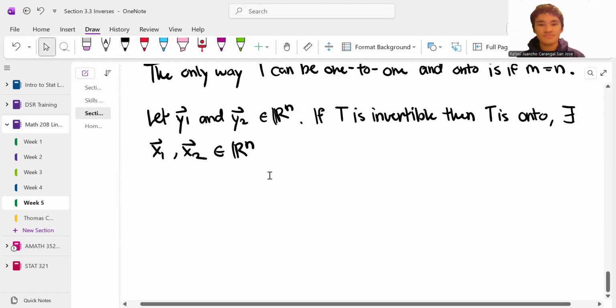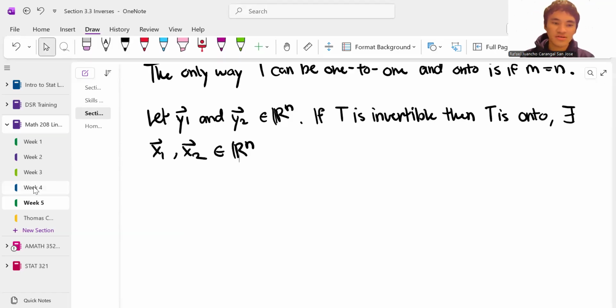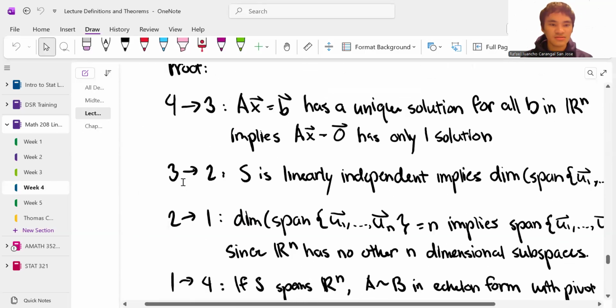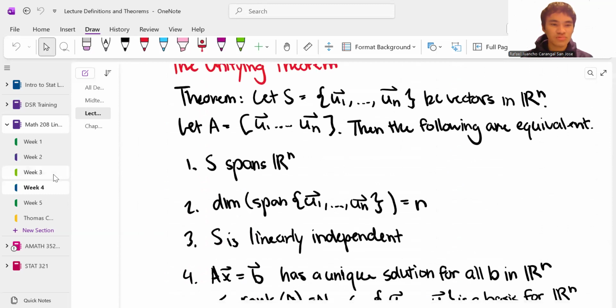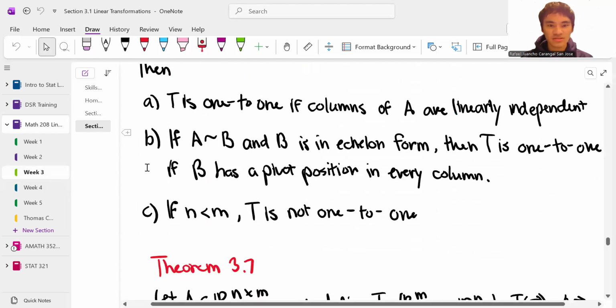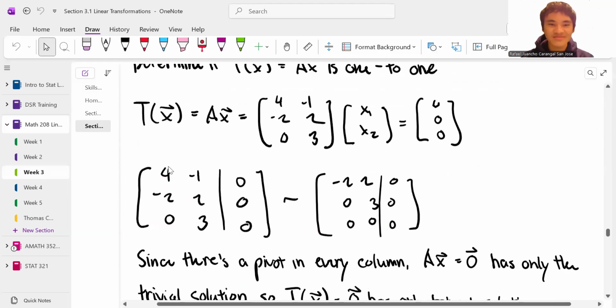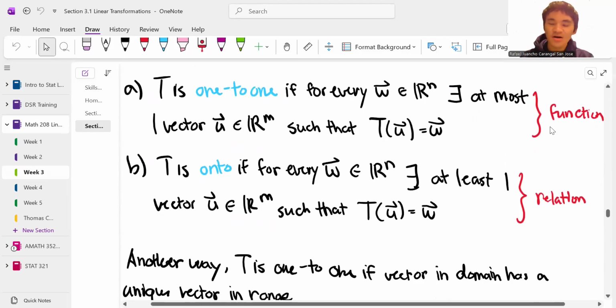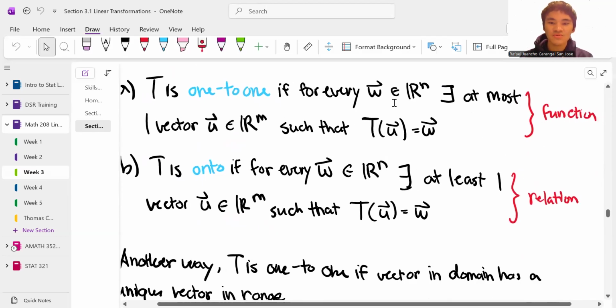Okay, actually, I'm going to be honest, I forgot what the definition of onto is. I'm kidding, I forgot. There we go, here's the definition. Oh, okay, so I wrote that T is one-to-one if for every W, there exists at most one vector U. And if it's onto, there exists at least one.